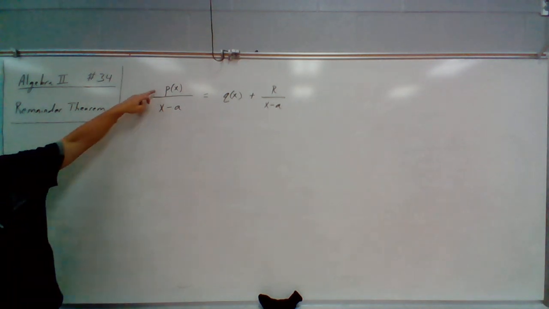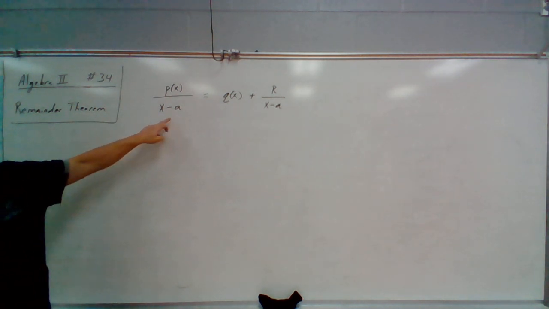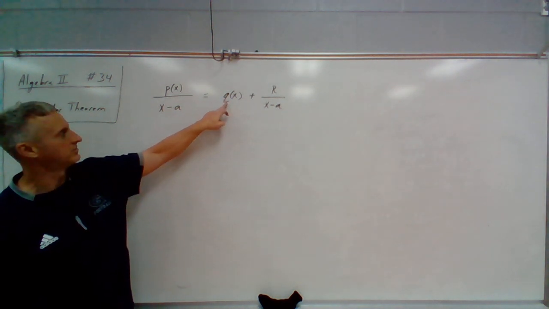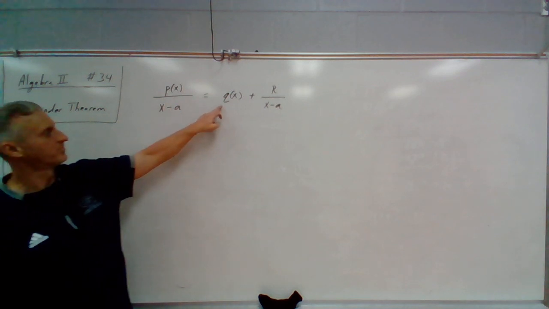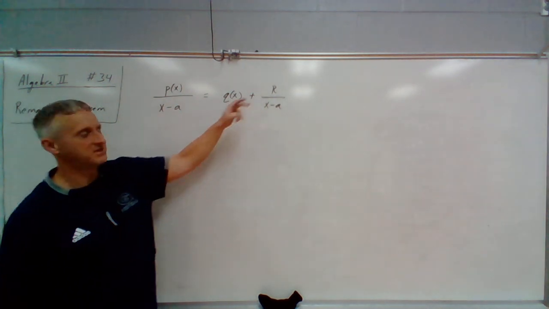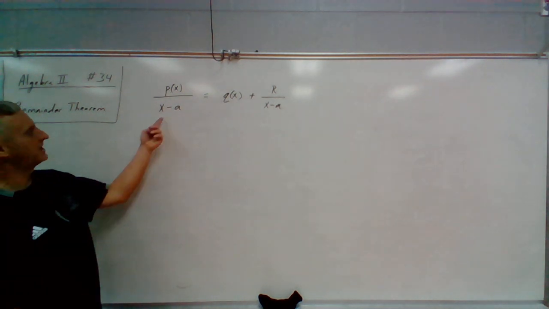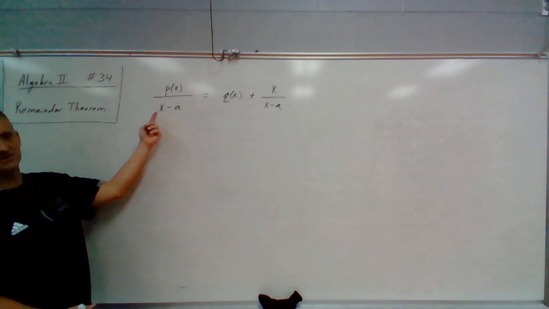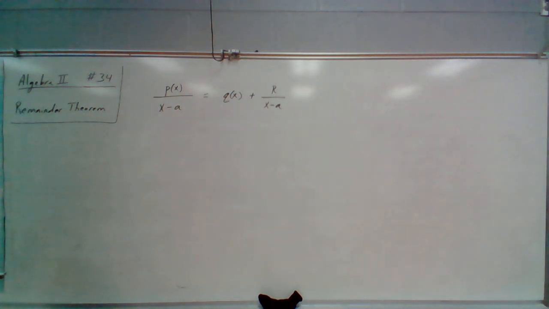Any polynomial that I divide by x minus a is always going to equal some other polynomial, whose degree will be 1 less than this one, plus a remainder over x minus a. And this remainder will always just be a number, because your remainder has to be a degree less than this divisor. So a degree less than that would be just a number.